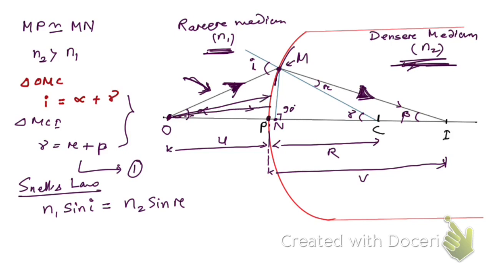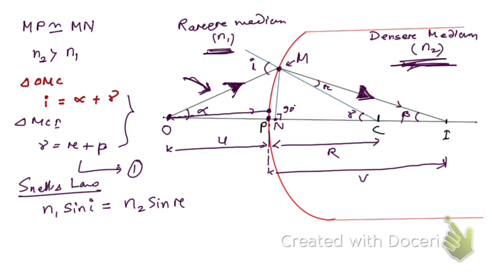So I have considered a ray that strikes the spherical surface at a point very close to this point P. For that kind of ray, this angle alpha will be very small, and similarly these two angles will also be very small.